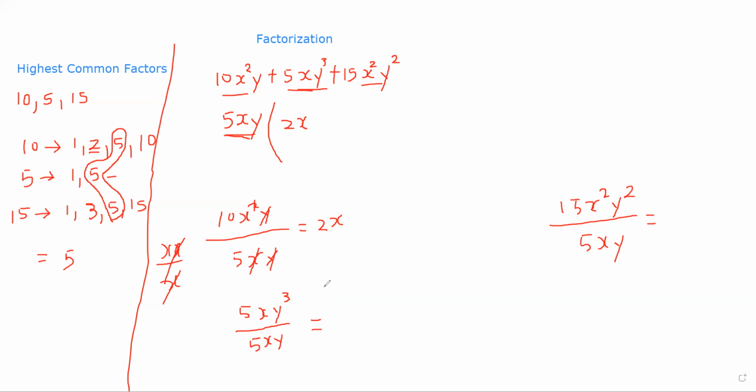Then we do the same thing with these here now. 5xy cubed divided by 5xy. So the 5 and the 5 give me 1, or they can cancel out each other. The x and the x cancel out each other.